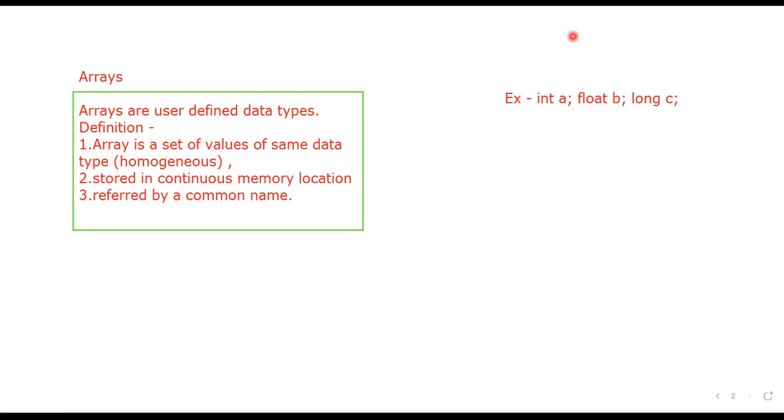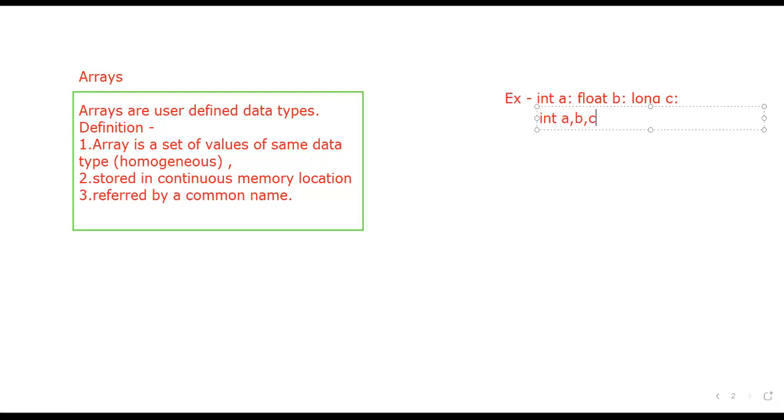But in array, what happens? If there is same data type but different variables, will it be a homogeneous array? Right question. Int a, b, c.